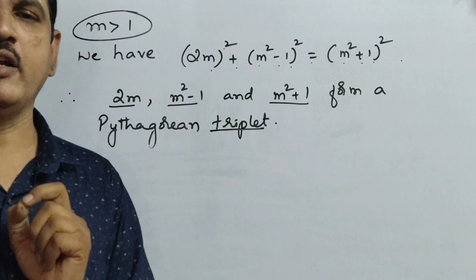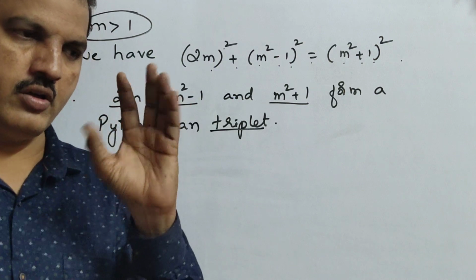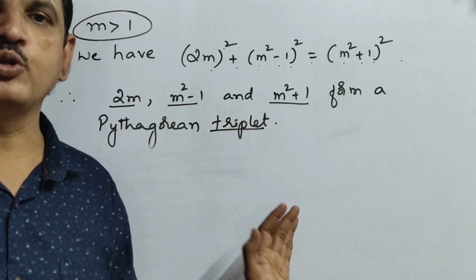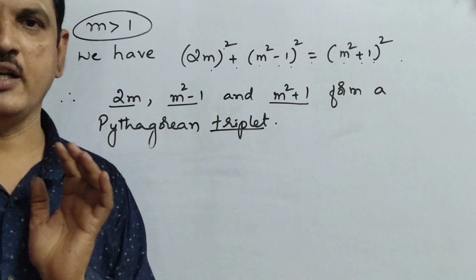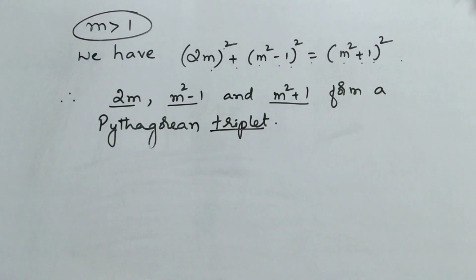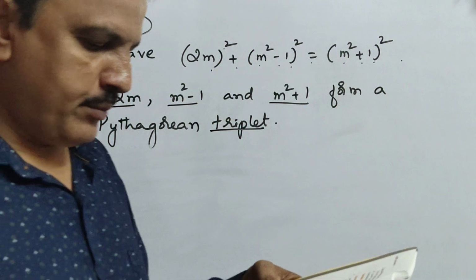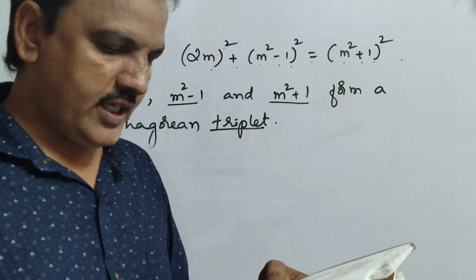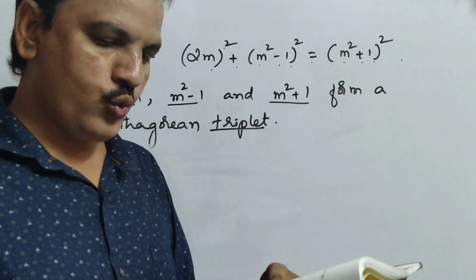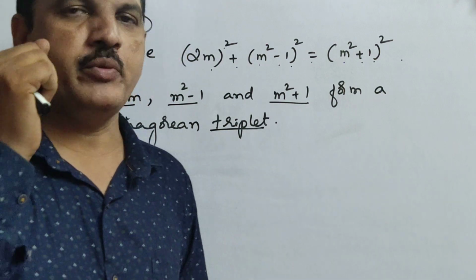Listen very carefully. If I give one example and do it, then you'll understand very clearly. See here, in 6.2 I'm taking the second question. Write a Pythagorean triplet whose one number is 6. Triplet means how many? 3.